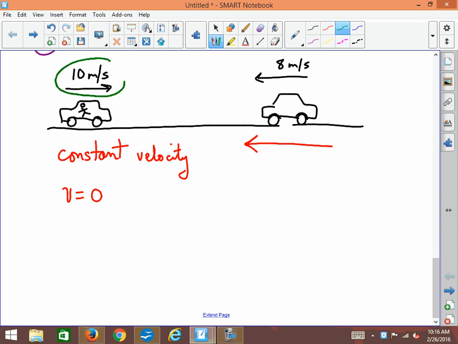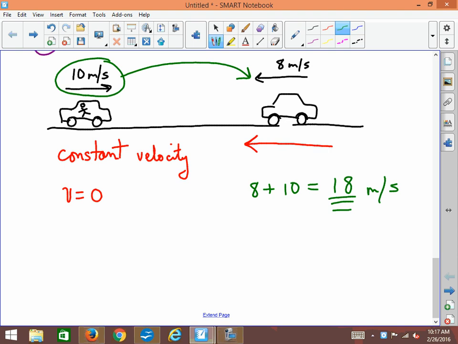If you don't know that it's there, then you only notice that motion when you look at the motion of the other car. Which means that it will look to you as if this car is moving with 8 meters per second plus 10 meters per second, and it will look as though it's coming towards you at 18 meters per second.